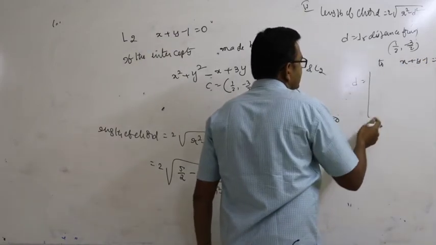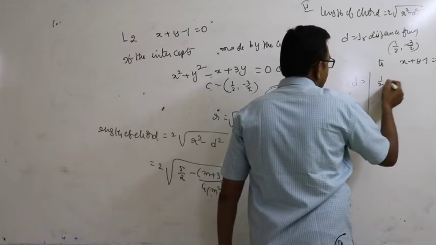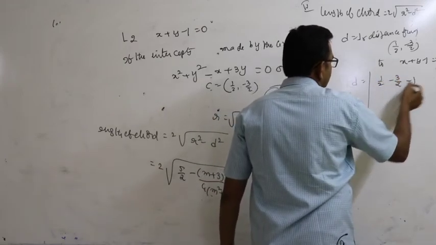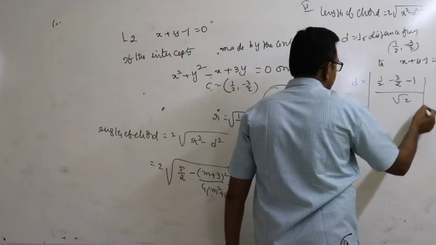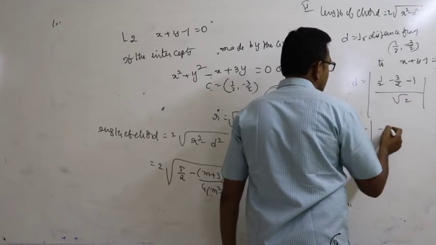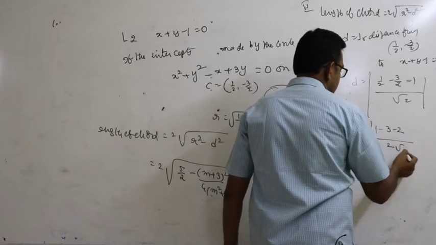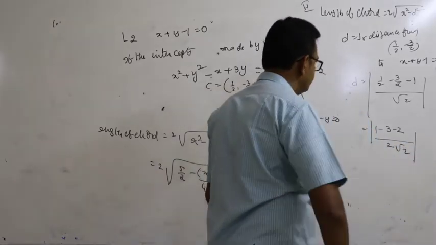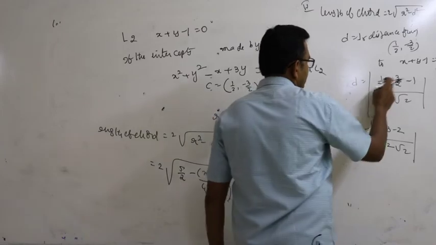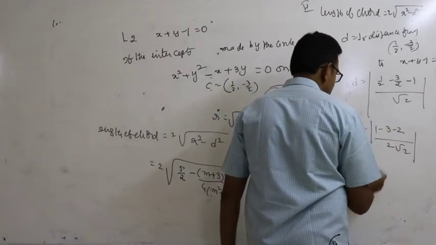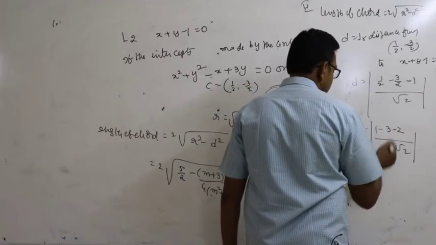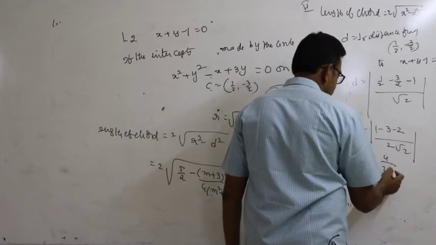That equals mod of 1 by 2 minus 3 by 2 minus 1 by root 2. So this equals 1 minus 3 minus 2 over 2 root 2, which is mod of minus 4 by 2 root 2.